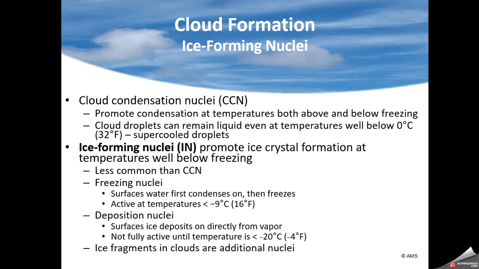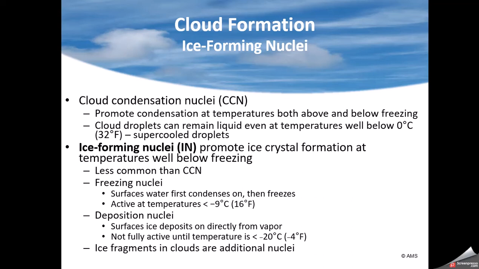And again, we have ice forming nuclei. So we have another type of nuclei, and some of it again is dust particles or salt or different things like that, that will allow these tiny droplets to freeze. Some of them even go directly from water vapor to ice, depending on the nuclei. And notice that they become active at temperatures less than minus 9 degrees Celsius.